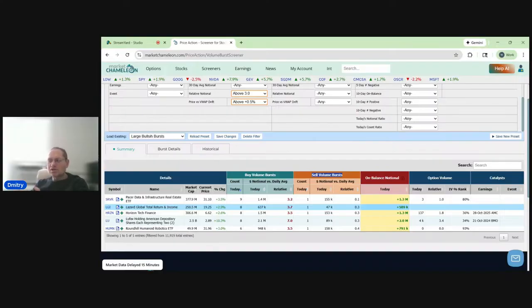And the way we look at the trading burst is that when a big volume trade happens, well, what's the impact on the stock?